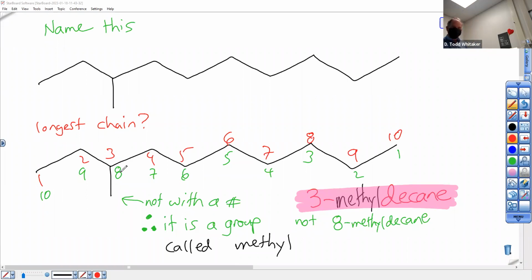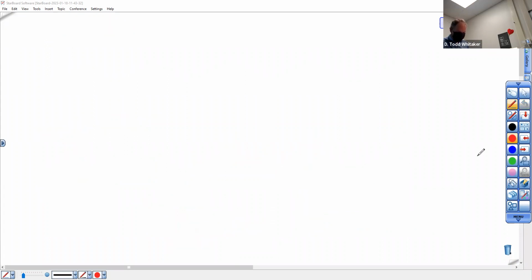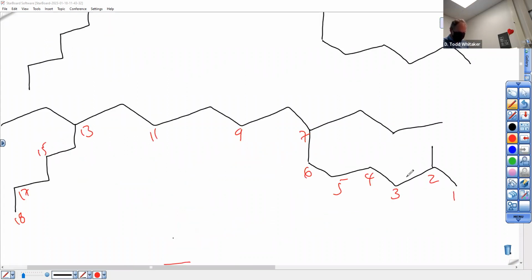Green is wrong. Red put it on 3. Red is right. In this one, I only drew the red. The green would have this as number 1, 2, 3, 4, 5, 6, the first group on 6. So following that, I will put those numbers down in green if I can ever select green on my computer.